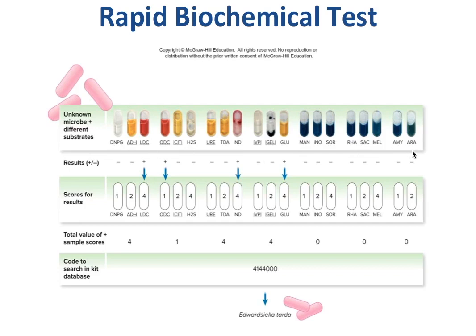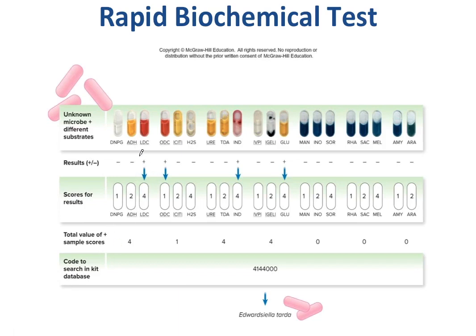The nurse just needs to add the patient's sample to those valves. If the bacteria react with those substrates, it will cause a color change. Each valve is labeled by numbers. If the color changed, that means this is positive.